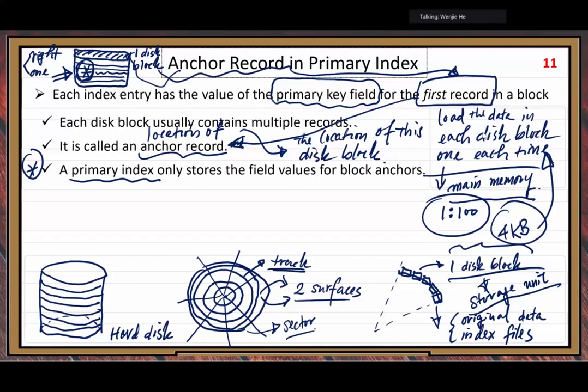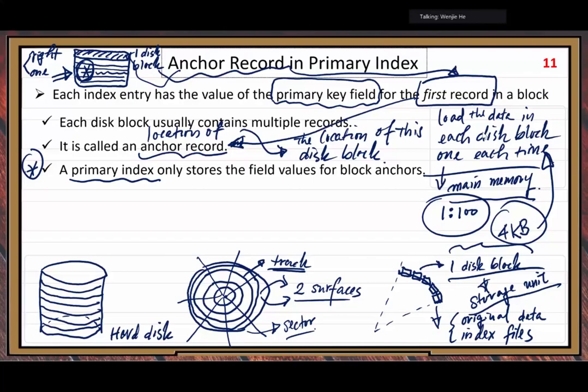Later we will talk about that. Find the right disk block, and based on the original order information, then we know the whole disk block of data is there, so our target row must be there.